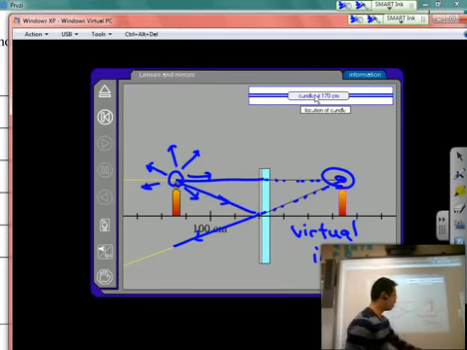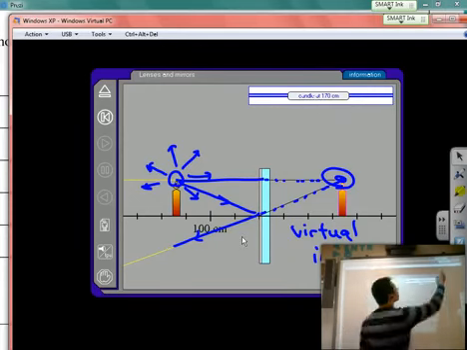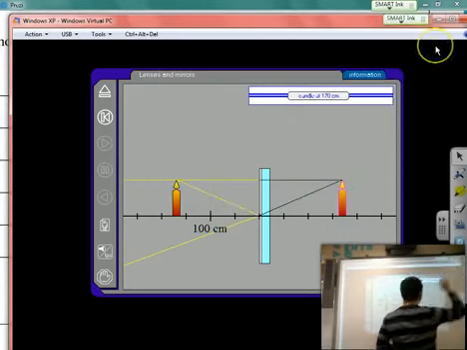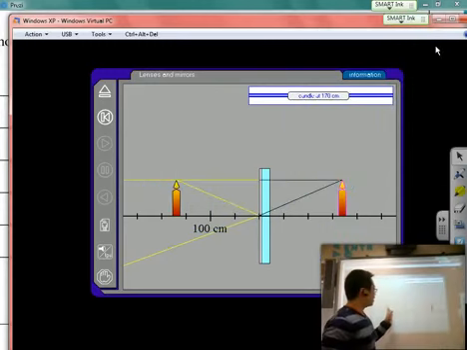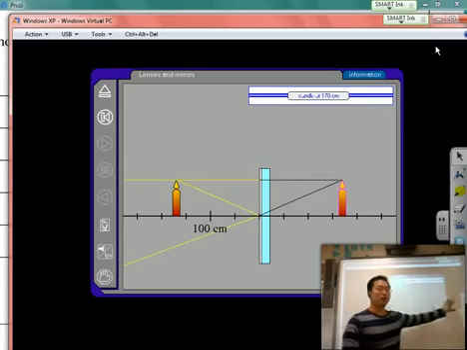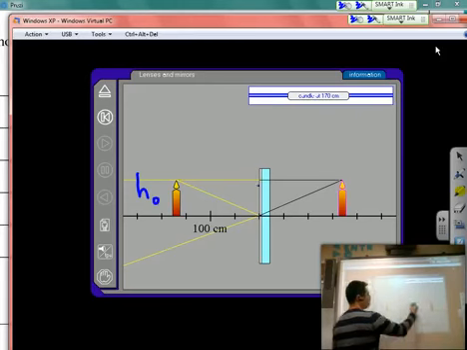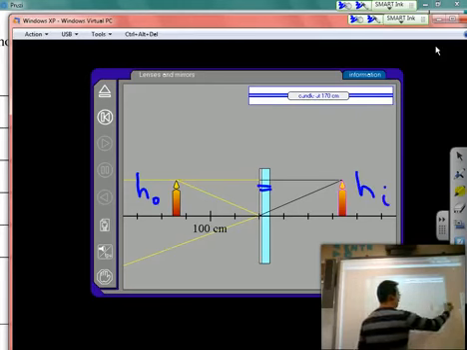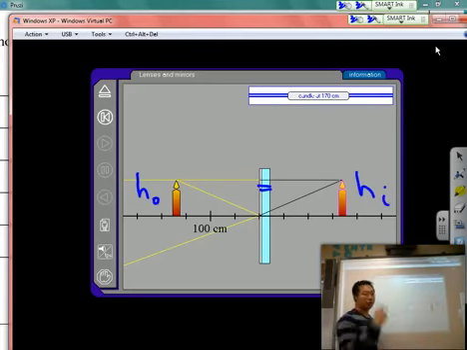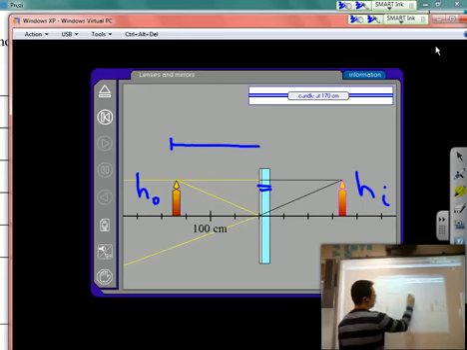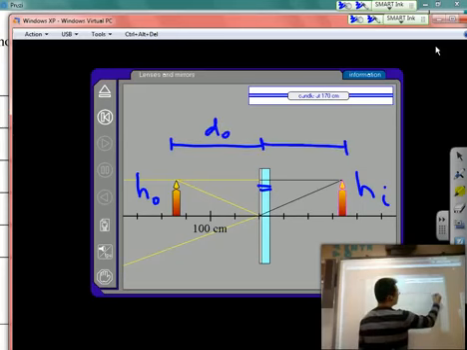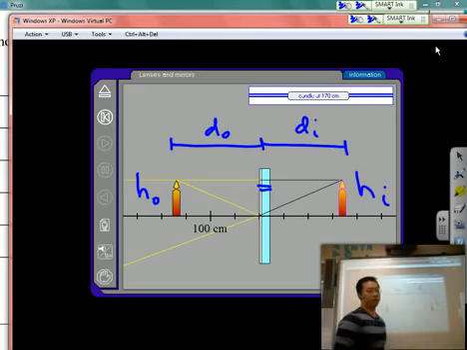But for now, just understand that the candle will always have its lines match up at an equal distance on the other side. So the height of the object is going to equal the height of the image, and also understand that the distance of the object from the mirror is going to equal the distance of the image from the mirror as well.